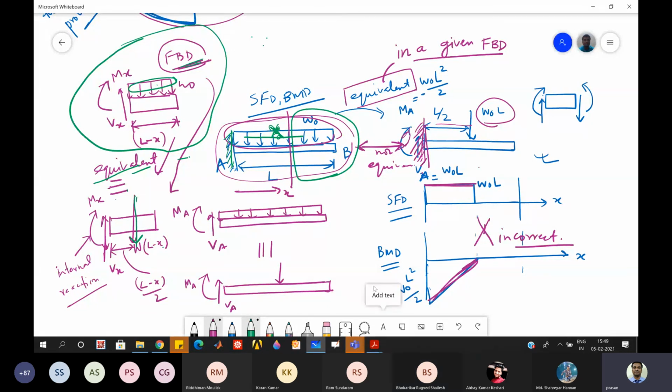So actually, sir, first we have to make the body free, and then we can take the uniformly distributed load as a concentrated load at its center of gravity. Yes, you can. If you put it that way, also fine. Because body free means you are drawing the free body diagram, right?